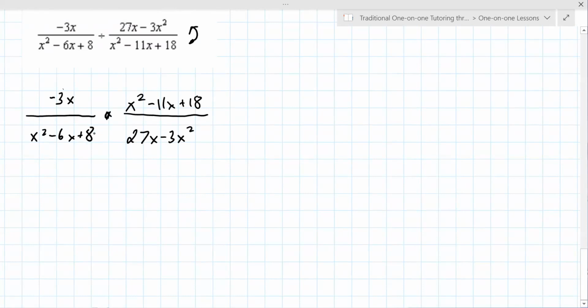So we'll start with the bottom left here. X squared minus 6x plus 8. So we're looking for 2 numbers that multiply to 8 but add up to -6. Since it's -6, they have to both be negative. Which pair works here? Which of these adds up to -6?